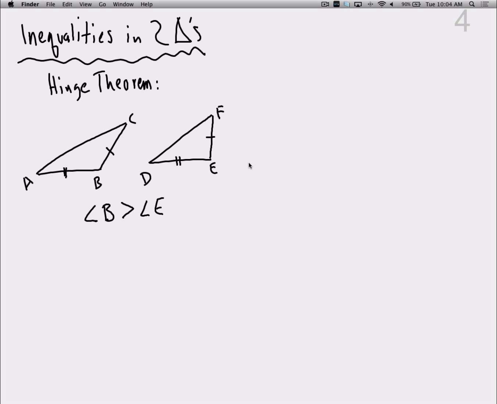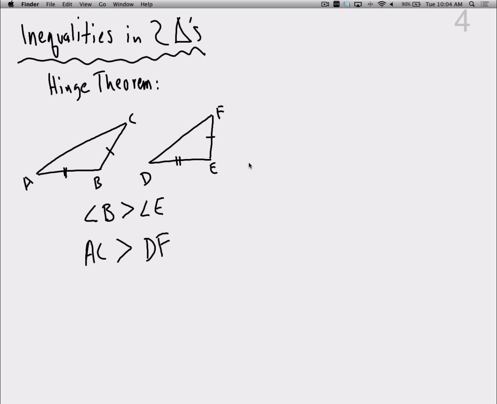What comes out of that? What do you notice about the triangles? What's the relationship between AC and DF? AC is greater than DF.